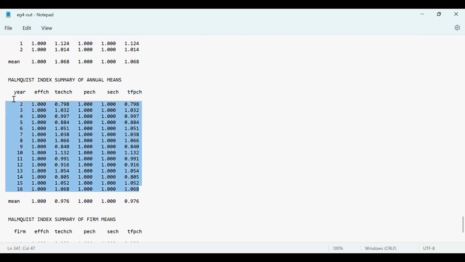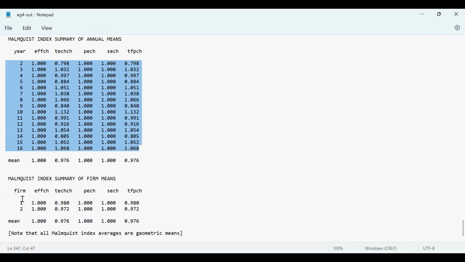This gives the combined technical efficiency and TFP for both the states, Punjab and Haryana. Lastly, this will tell us the summary of all the 16 years for these two states. One denotes Punjab, second one is Haryana.